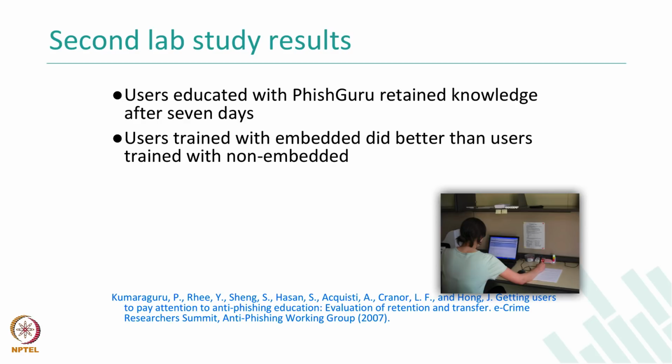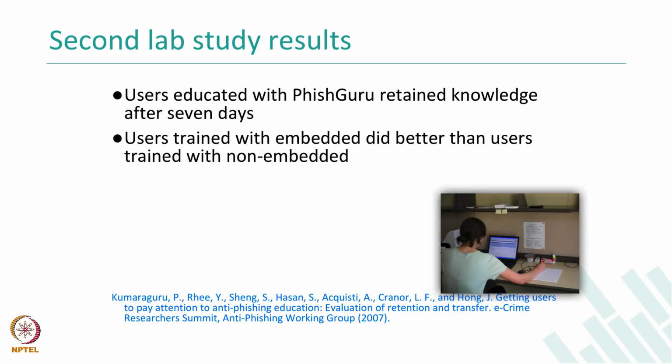Let's take it after a few days. That's called knowledge retention. And knowledge transfer, which we also evaluated, is that, given that you learned it in one context, can you apply it in a different context and use the knowledge that you gained. That's called knowledge transfer. So these two are interesting metrics to evaluate in the knowledge science or learning science domain.